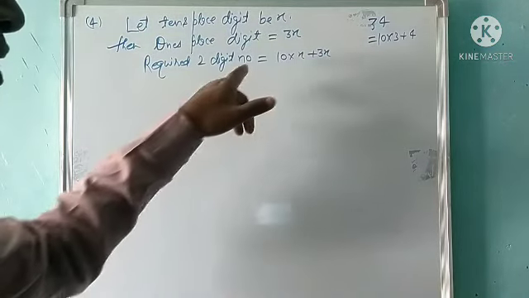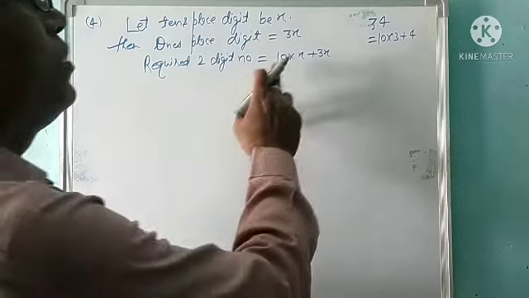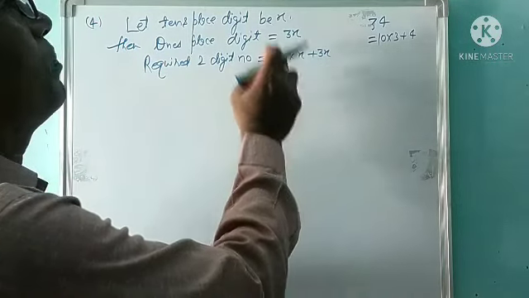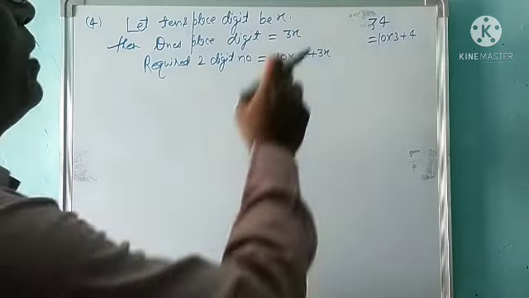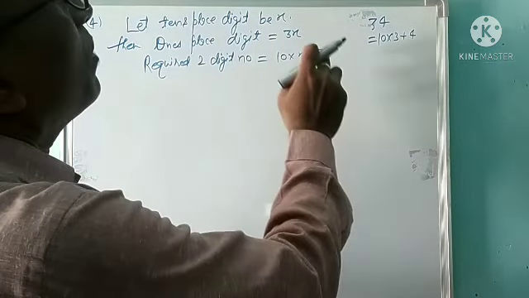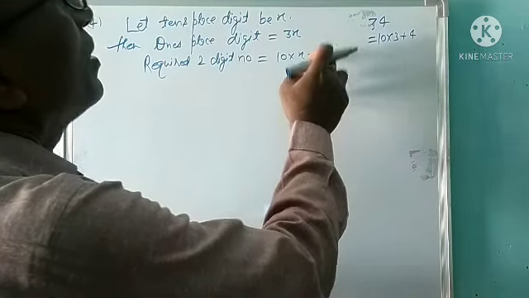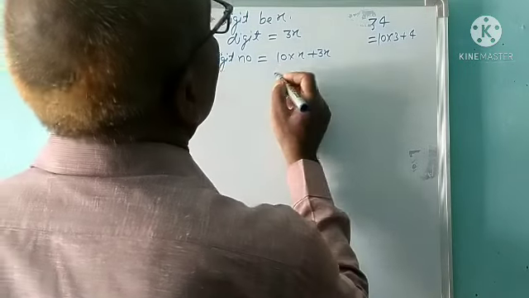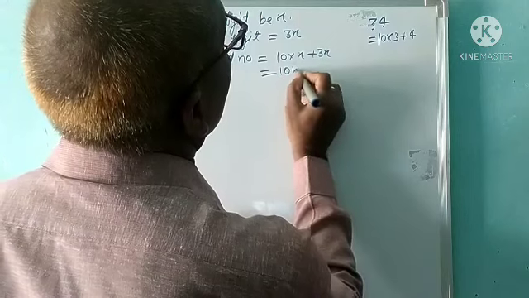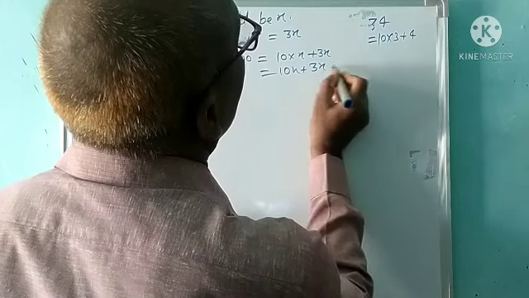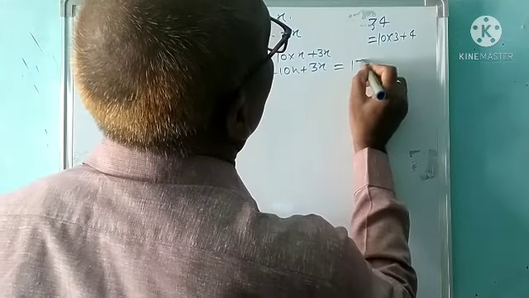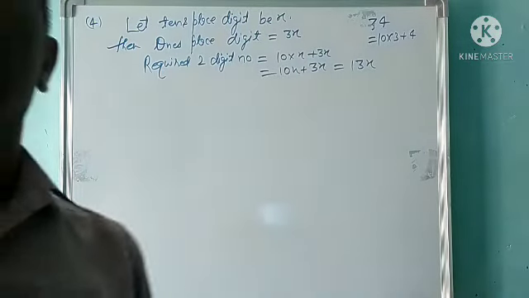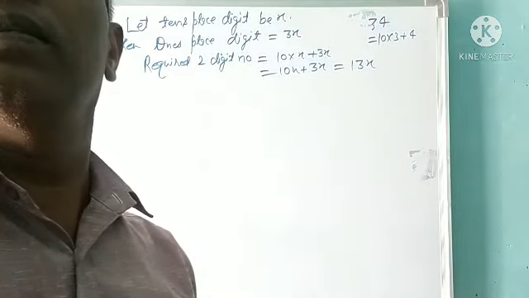Like this, we have also written here. 10 into x means x is tens place digit, so this is multiplied by 10, and 3x is ones place digit, it is multiplied by 1. There is no changing. This means 10x plus 3x is equal to 13x. It is your original number or required number.